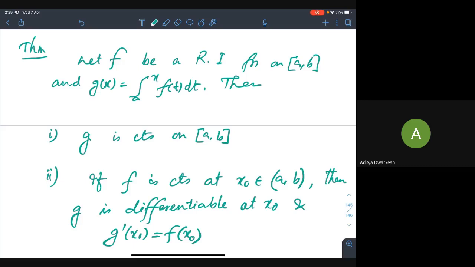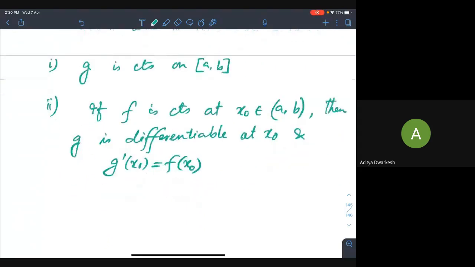A derivative function satisfies certain properties but may not be continuous all the time. So if f is just Riemann integrable, can you see it as a derivative? In general, you may not be able to, but when f is continuous, then you can. Continuous Riemann integrable functions, those you can see as the derivative of some function. All right?